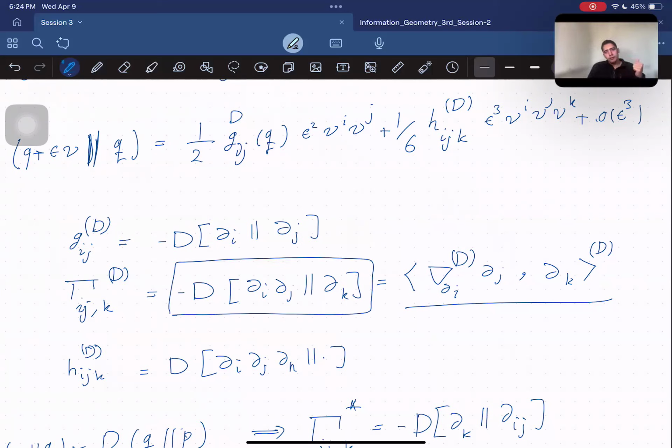So given a divergence, if I look at the Taylor expansion, the second order estimation would give me the Riemannian metric, and the third order would give me the connection. So given a divergence, I already defined this and this. And again, with the two, remember we can find the dual connection.